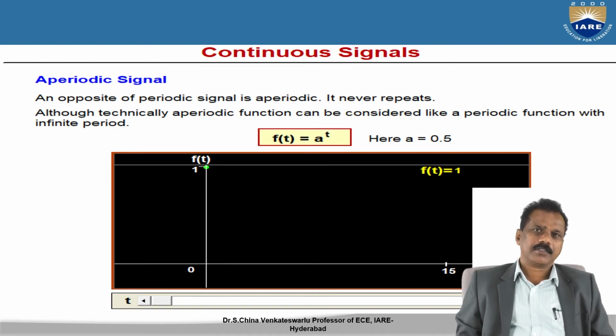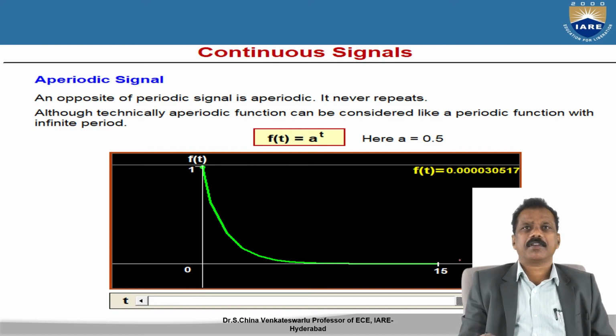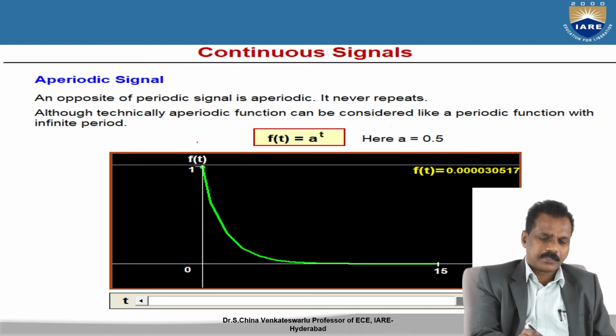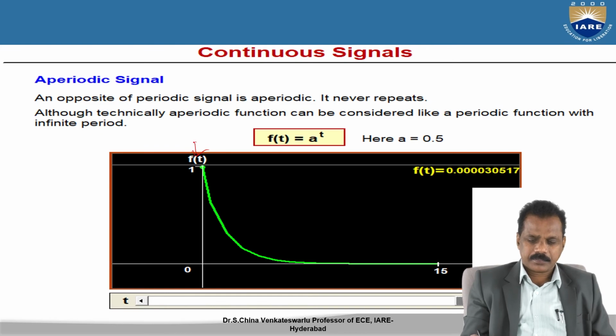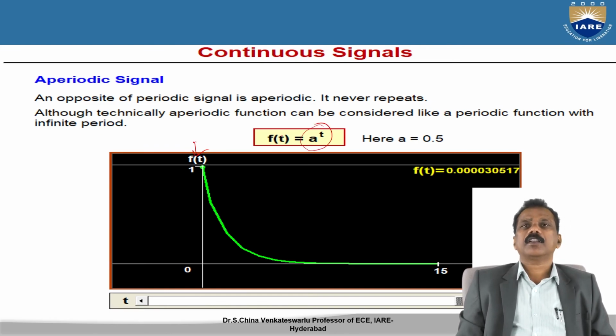Periodic signal, aperiodic signals are required for manipulating the signal here. So if we substitute the value a equal to 0.5, now the aperiodic signal appears. The t versus f of t, where f of t is equal to a power t, where a is assigned a equal to 0.5.